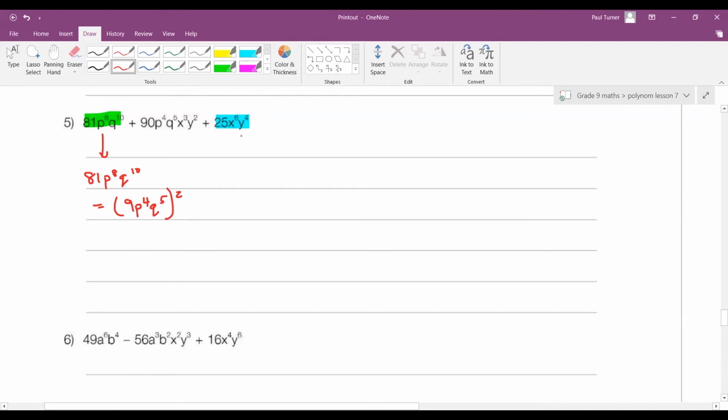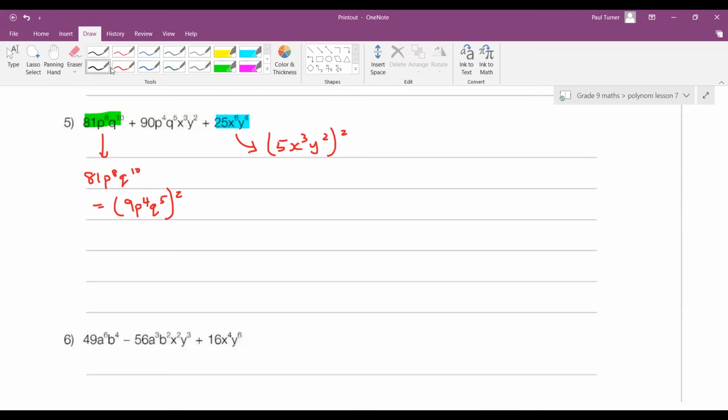Do that for your first term. For your second term, make it a power of 2 as well. So that would become 5x3y squared squared. 2 2s are 4, 2 3s are 6. 5 squared is 25. So those are your first 2 terms.